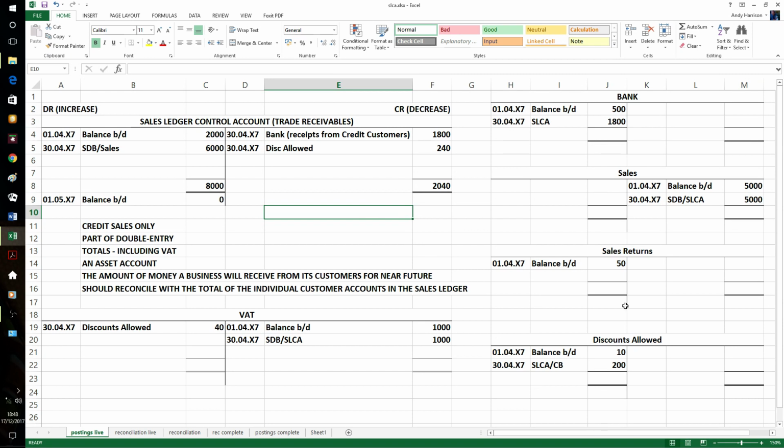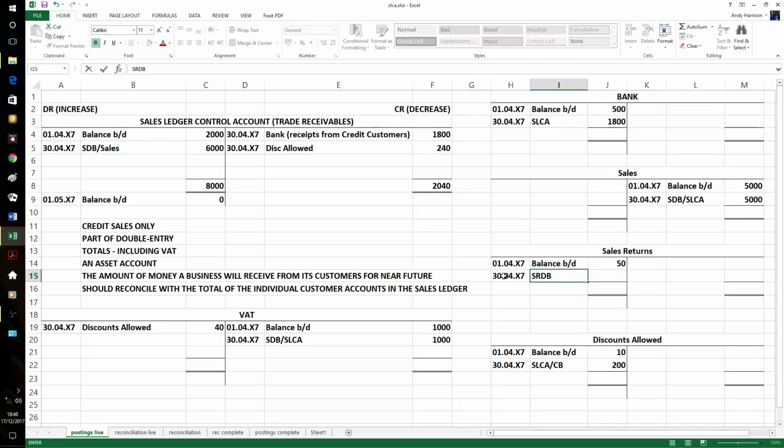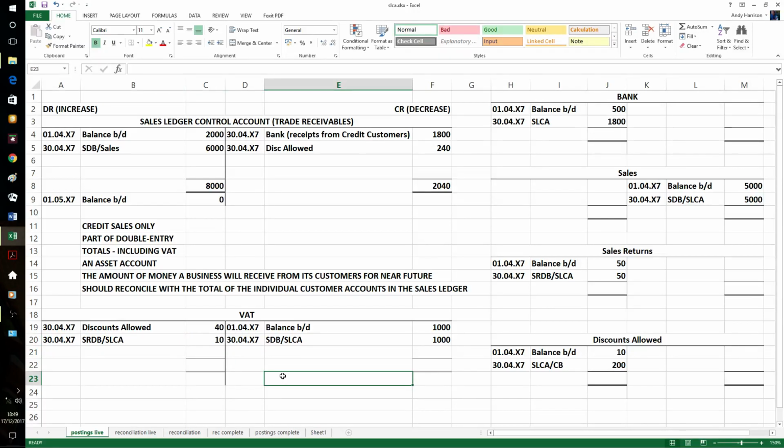Then we've also got some sales returns to put in, hopefully not too many. So sales return day book, just £50 again. But of course that's net, so we've got to have a VAT entry as well. £50 plus £10 VAT, assuming it's 20%.